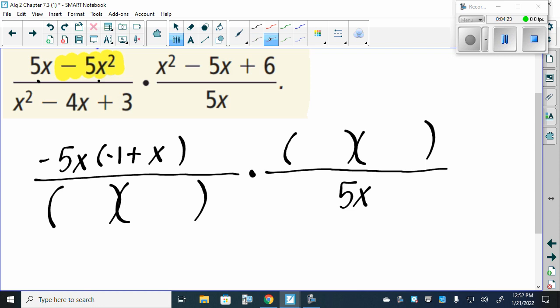Since the third term is positive, the signs are the same, and they match the sign of the middle term, which would be negative and negative. Now the factors of x squared are x and x, and it works out that the only factors of 3 are 1 and 3.